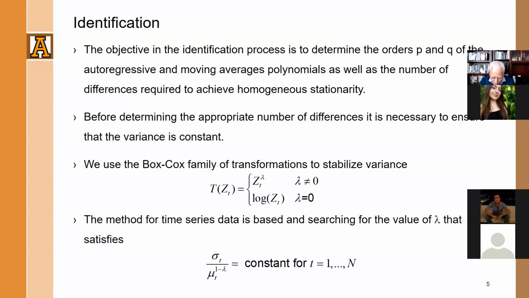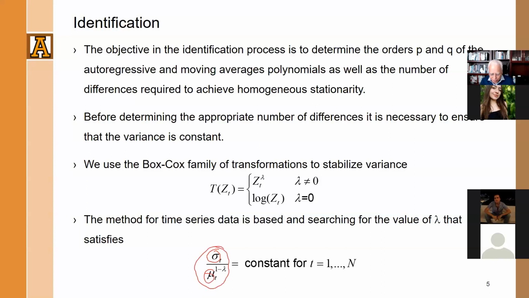In essence, we do not know sigma, and we don't know mu either. Okay, but we can estimate sigma, and we can estimate mu. This is what we want to achieve: the lambda that makes this quantity constant for all t.